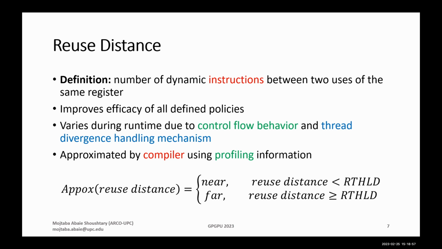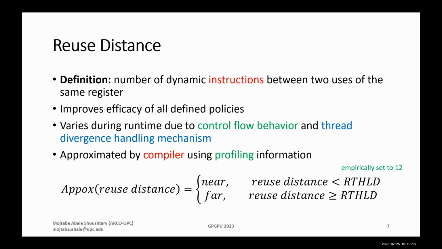We compare the reuse distance with a threshold that I call RTHLD. If the reuse distance is less than the threshold, it means it is near. If it is bigger than the threshold, it means the reuse distance is far. And this threshold has been set empirically.